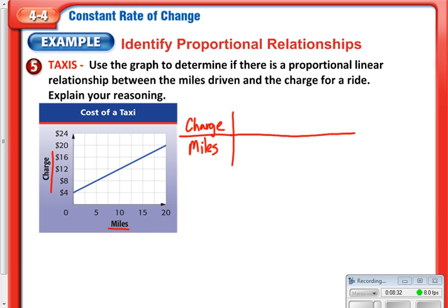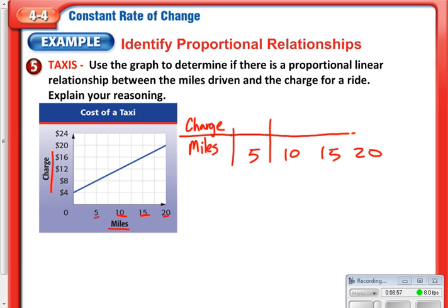And I'm going to go ahead and just take off some of the basic intervals here, 5, 10, 15, and 20. So 5, 10, 15, and 20. Sorry, the wrong spot, not at the charge, that would be the miles. 5, 10, 15, and 20.